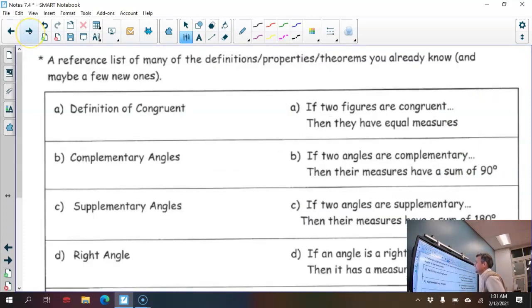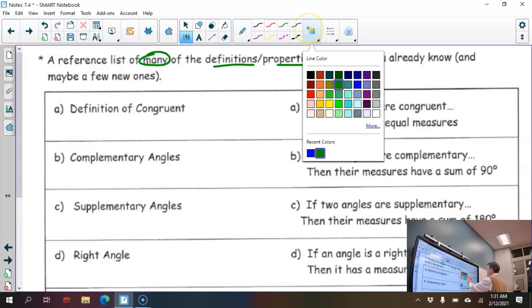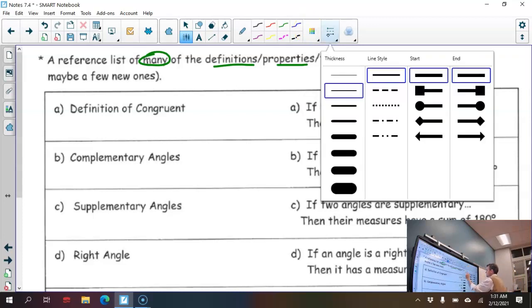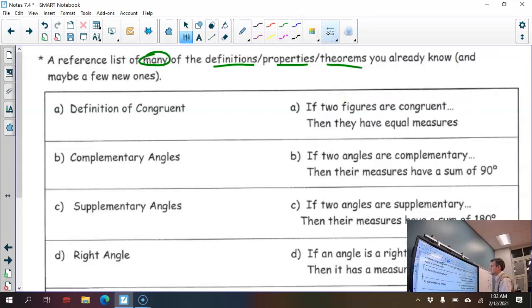All right, so what I've given you here is a reference list of many definitions, properties, and theorems. We are going to look through this very quickly, but this is a reference sheet that you should keep handy to help you do proofs. I have this first definition, which you're probably not familiar with. The definition of congruent.